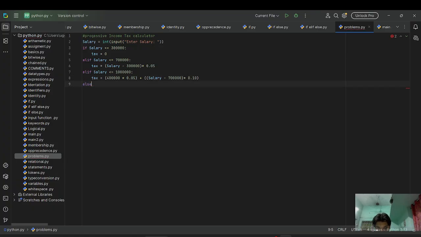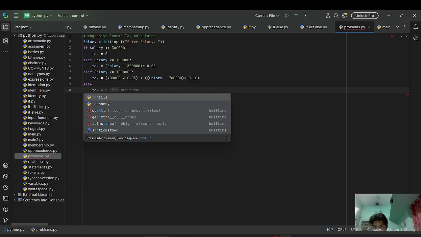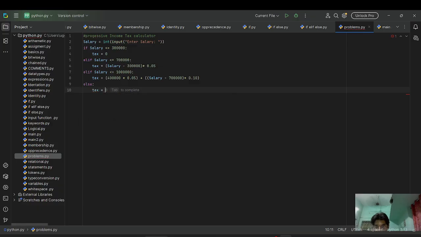Now let's write the last condition. Else tax is equal to, like, into 0.05, less 3 lakh.